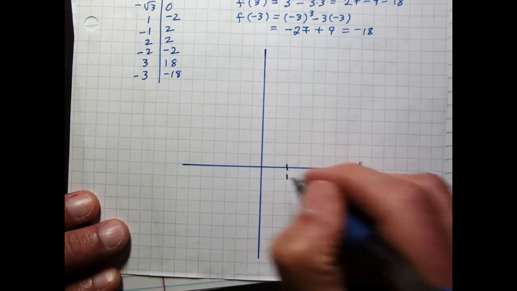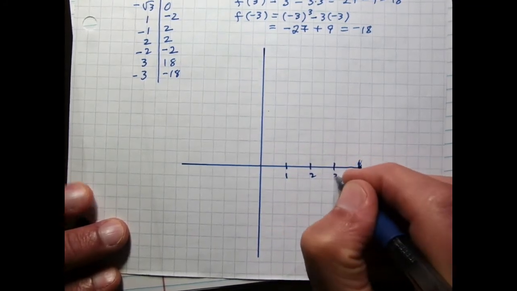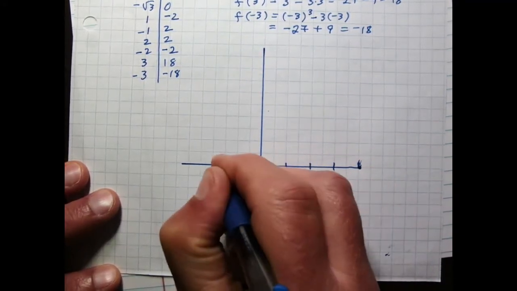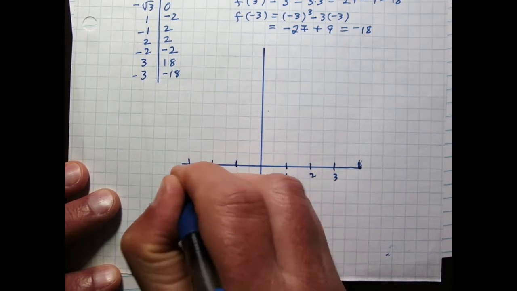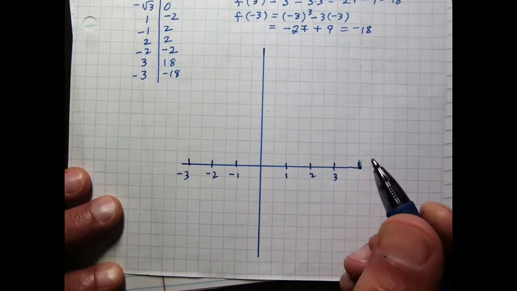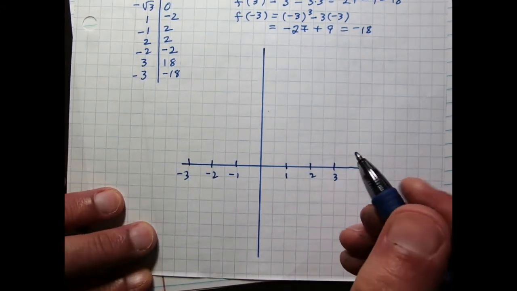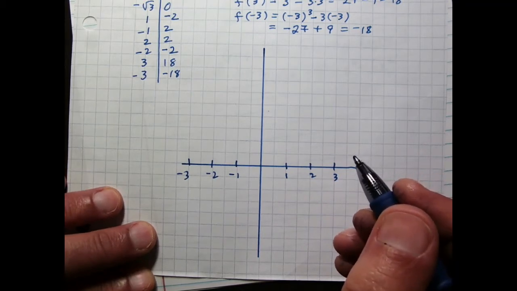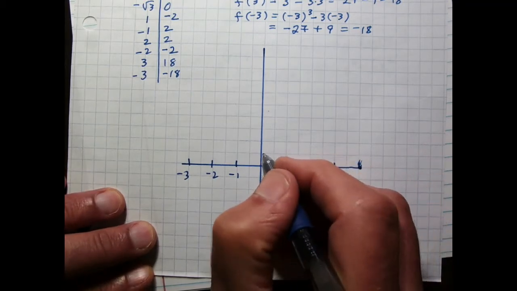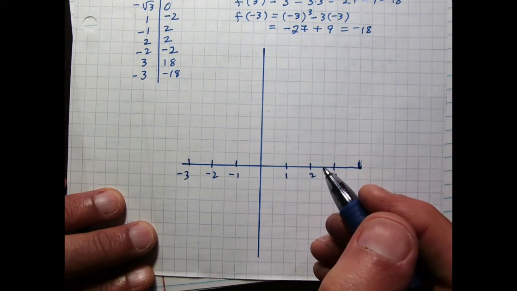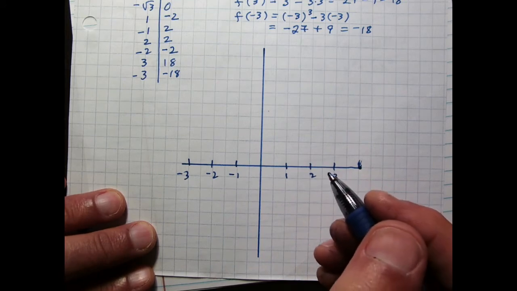So I'm going to go 1, 2, 3, negative 1, negative 2, negative 3, and let's see, maybe I'm not so worried about the 3 points.